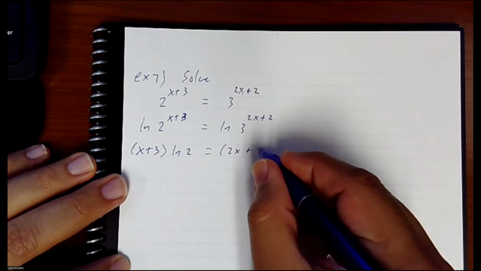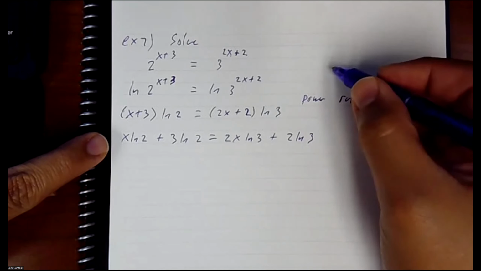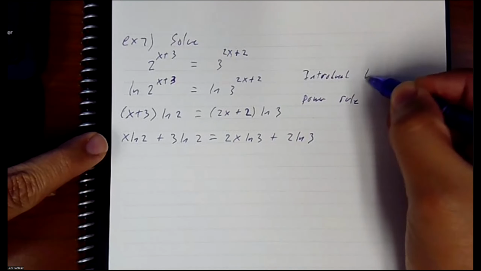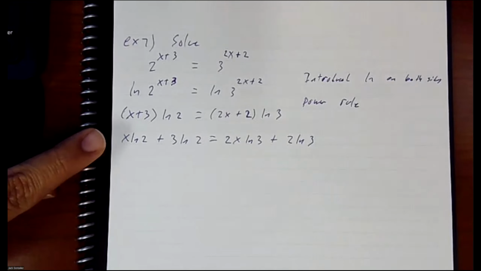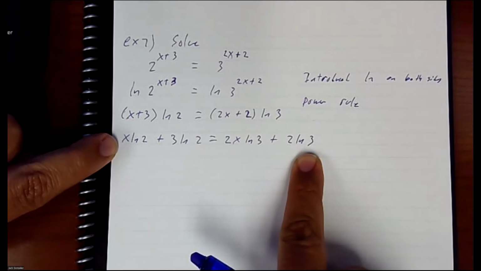That'll give me x ln2 plus 3 ln2 equal to 2x ln3 plus 2 ln3. Everyone's still with me from here to here? So right here I did the power rule, but here I introduced ln. Then I did some algebra, got me to here.